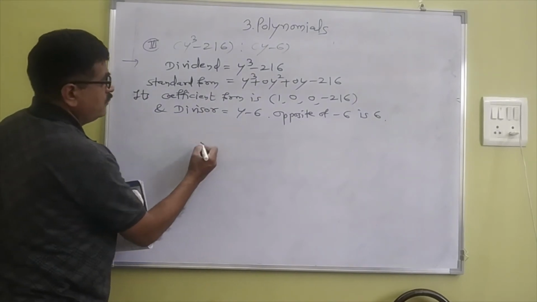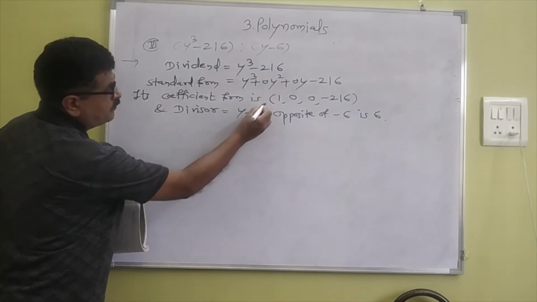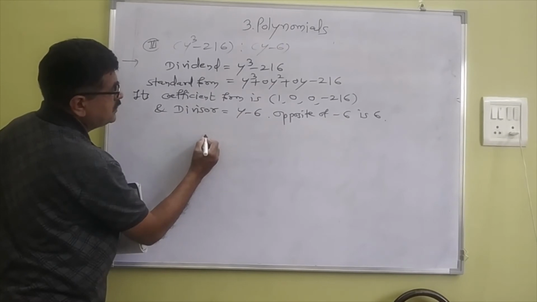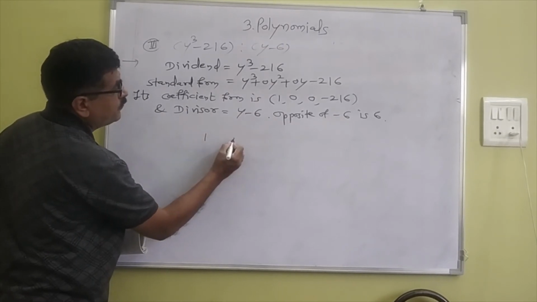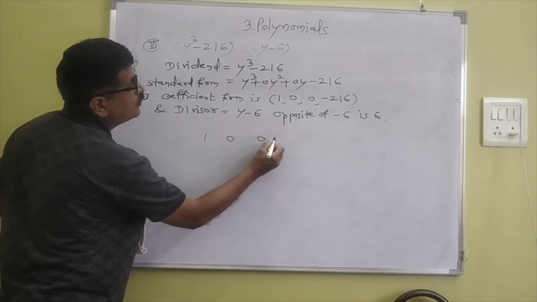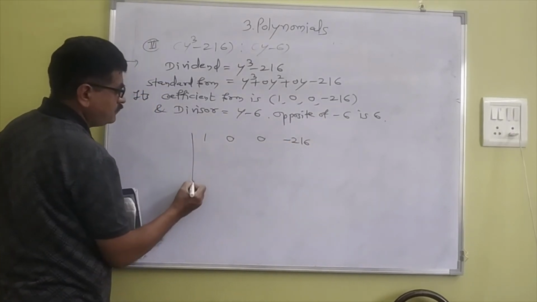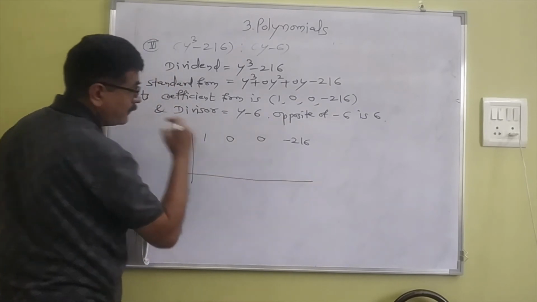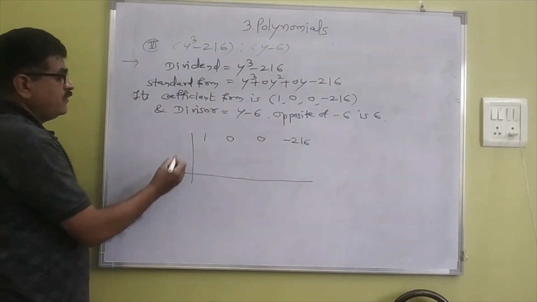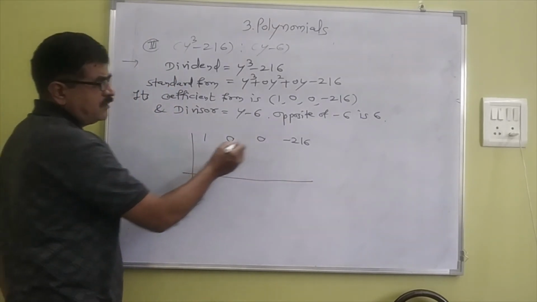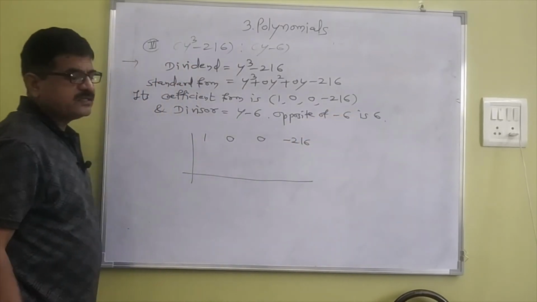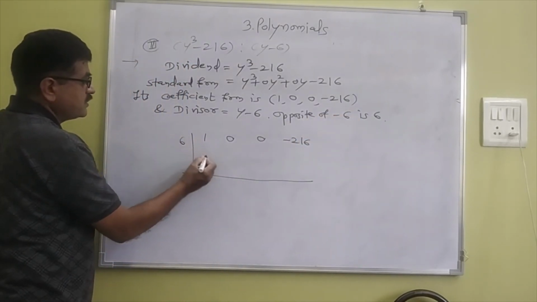Now we have to divide by, first write down coefficients, that is 1, 0, 0, minus 216. Now which term we have to take here? Opposite of minus 6 is 6, therefore take 6.